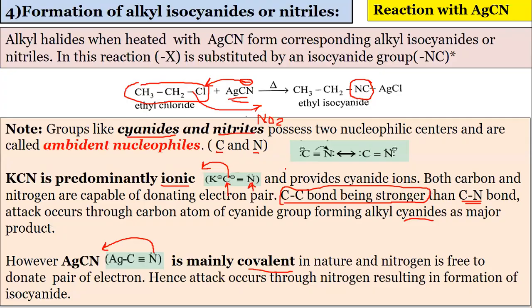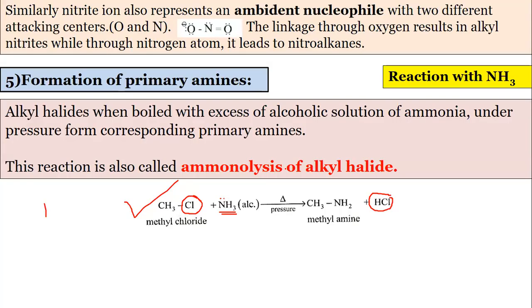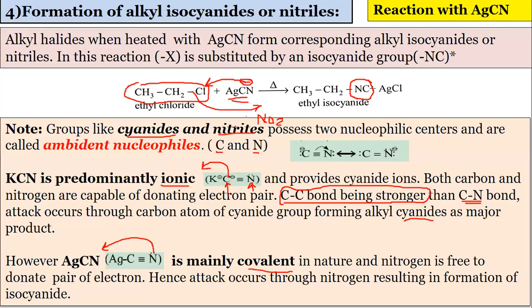So this is the reaction with AgCN, KCN. Make a practice of KNO2, AgNO2, because KNO2 and AgNO2 reactions are not given here. It is expected. Nitrites are given here. So we have to add KNO2. This is potassium nitrite. This was asked in the latest board examination.